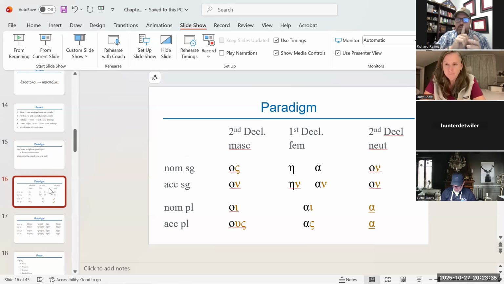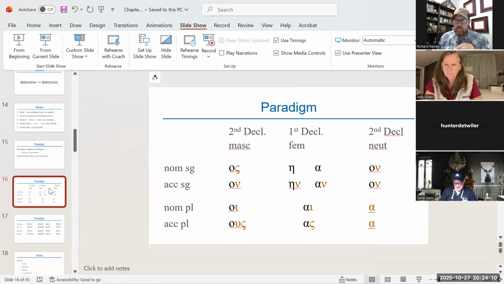We're going to learn nominative singular, accusative singular, nominative plural, and accusative plural. If you pick up your laminated sheet again, and look at the slide that I just put up, you see nominative. Let's just go with the word logos. Logos means word, right? So just pretend like the word logos is what we're using. When I learned this in college, I didn't learn that nominative singular was just a sigma.